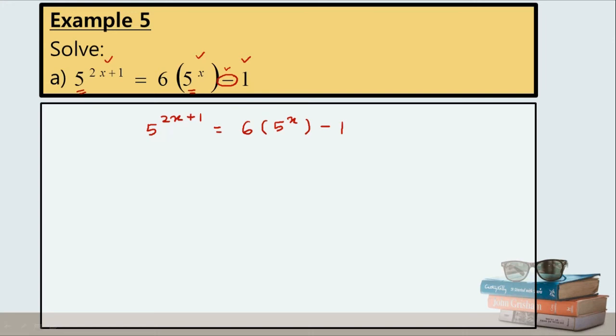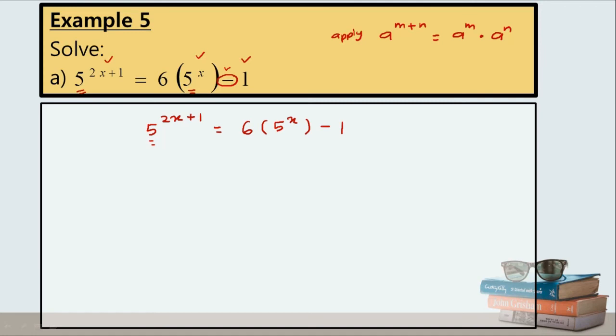Okay, firstly we have base 5 to the power of 2x plus 1. Okay, we need to apply rule a to the power of m plus n. So when we have a to the power of m plus n, we can separate into a to the power of m times a to the power of n.